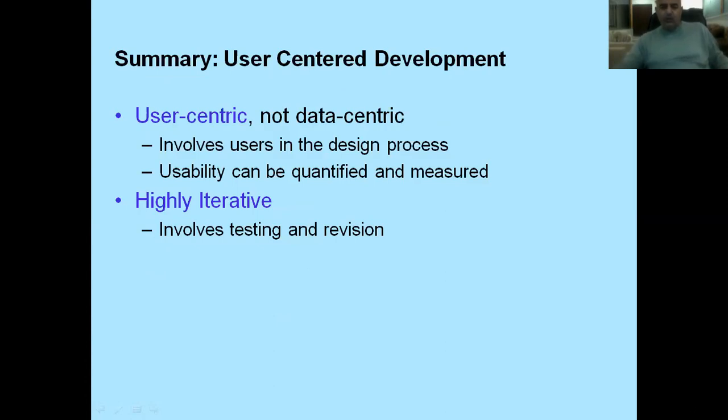As we said before, usability can be quantified and measured. We can put a percentage on usability. Is it 100%? Is it 90%? It means that we can measure the usability of the user interface.